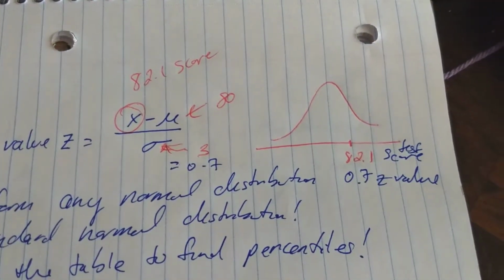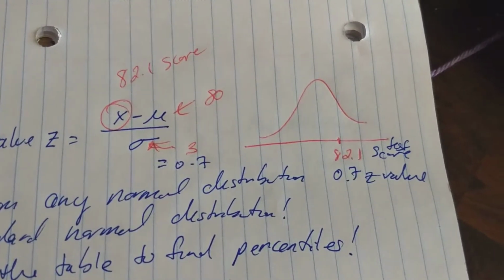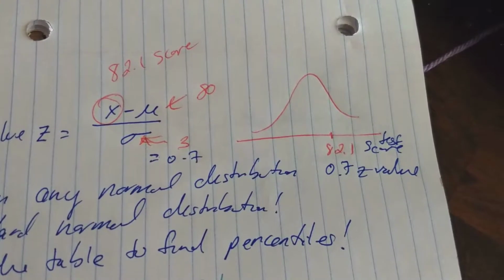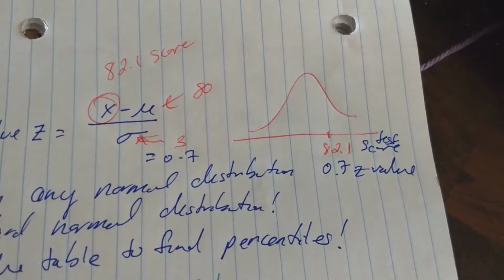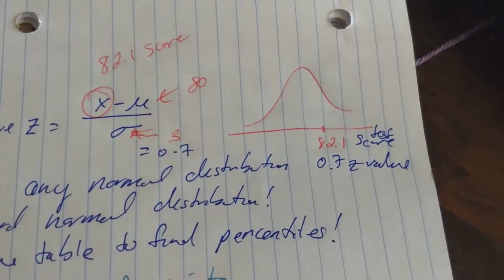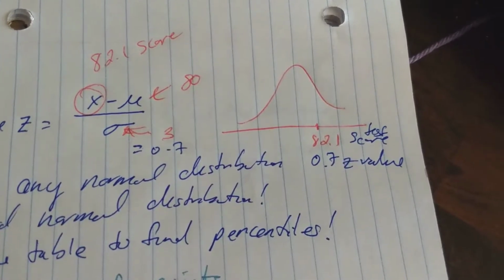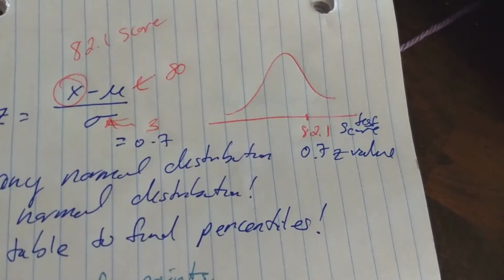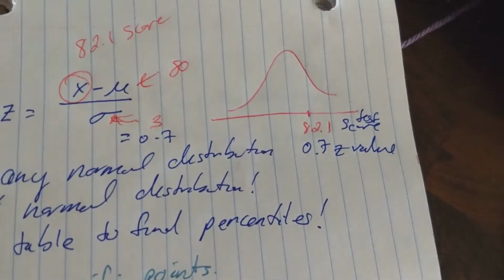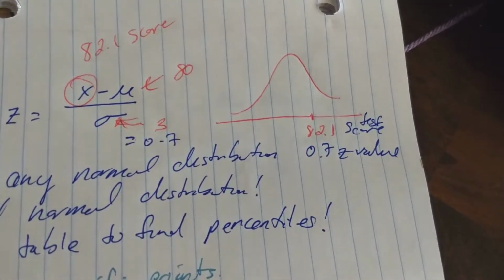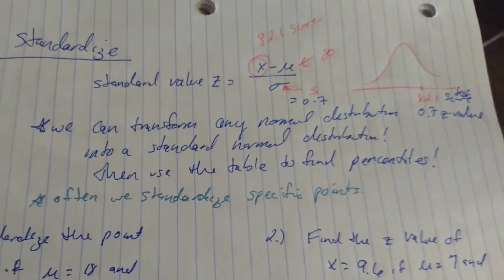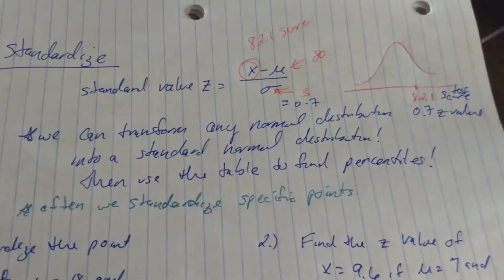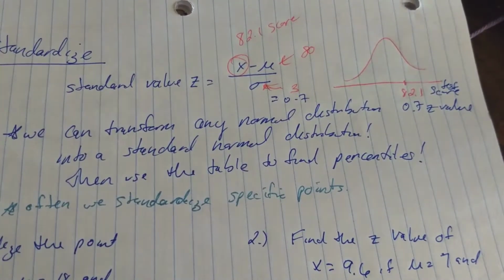So when I have a test with a mean of 80 and a standard deviation of 3, a test grade of 82.1 is the same as a z-value of 0.7, okay? Which means that if I'm the student who got the 82.1, then I am 0.7 standard deviations above the mean for the class.